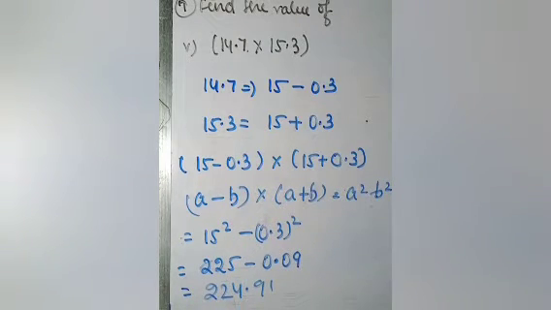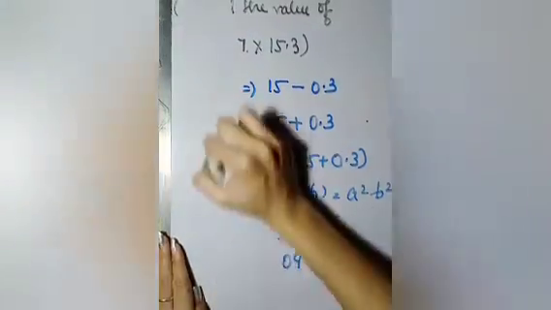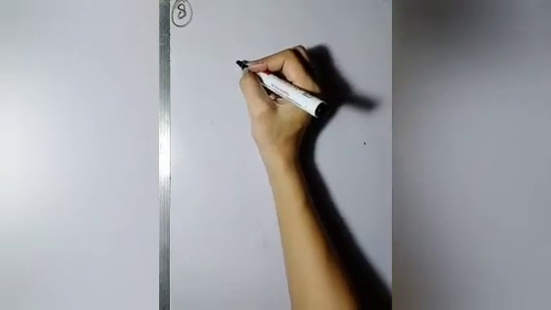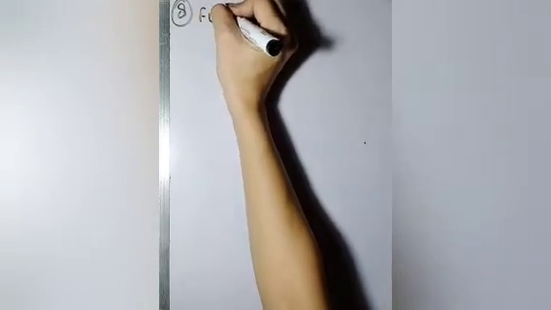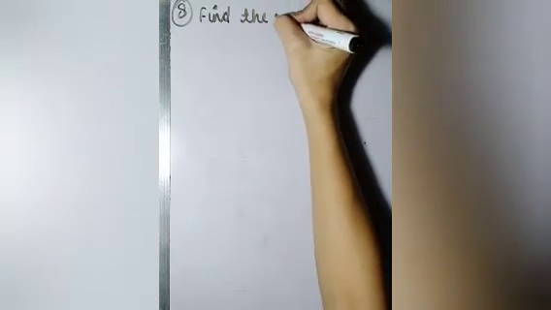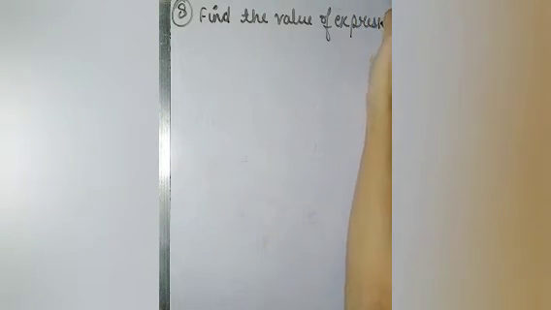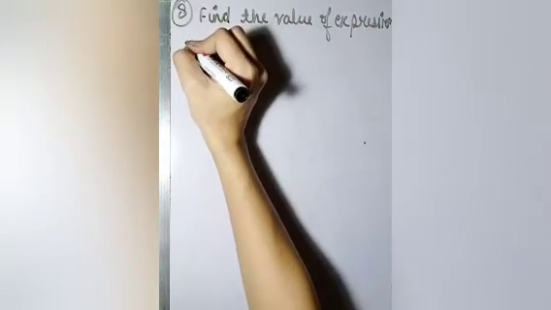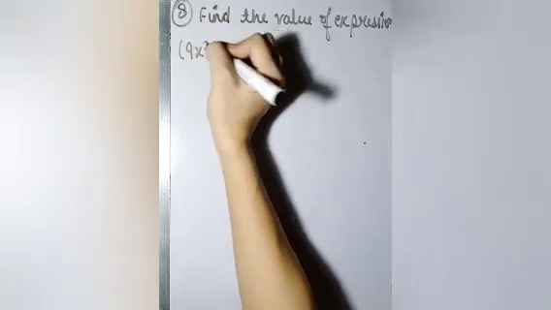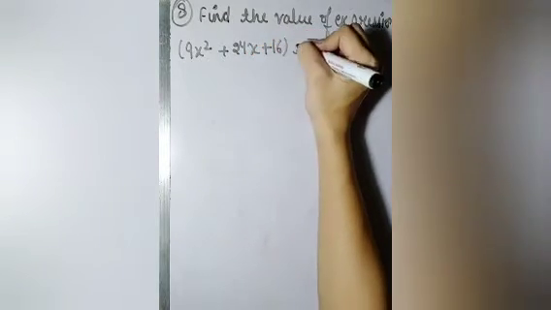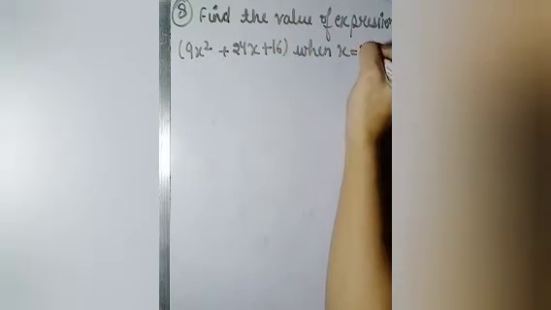Okay, now move on to question number 8. Just use the property you have studied. Find the value of the expression. The expression is 9x square plus 24x plus 16 when x equals 12.